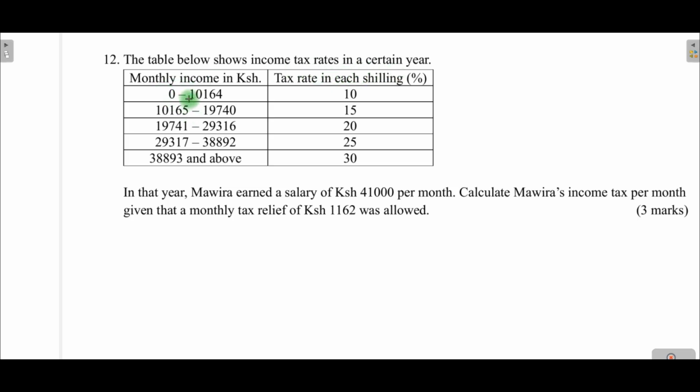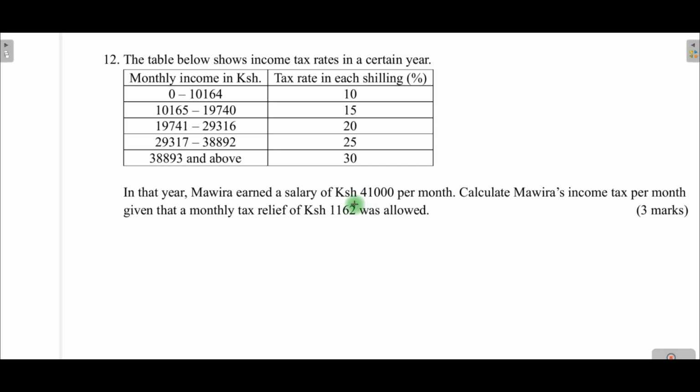So this column shows monthly income in Kenyan shillings and tax rate in each shilling in terms of percentage. So in that year, Mawira earned a salary of 41,000 Kenyan shillings per month. Calculate Mawira's income tax per month, given that a monthly tax relief of 1,162 was allowed.